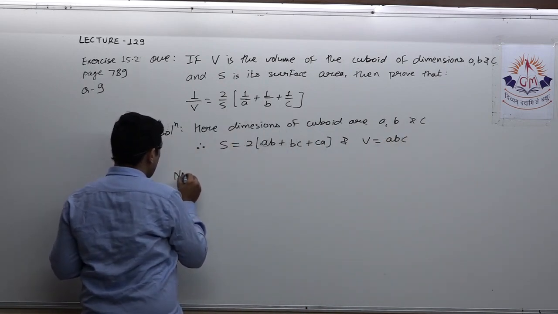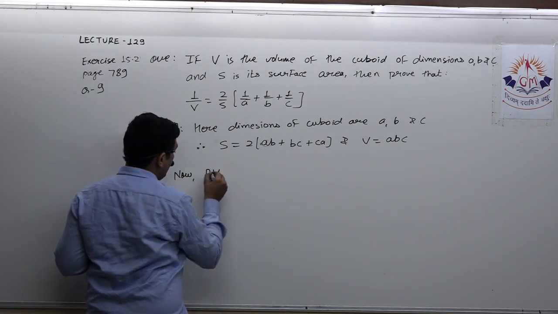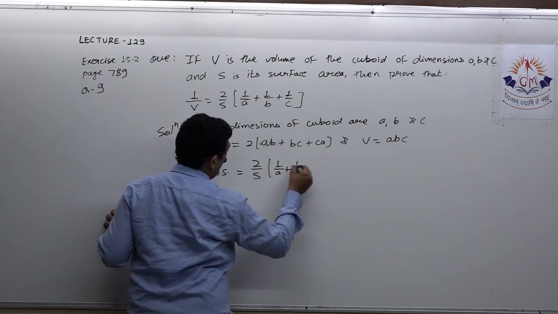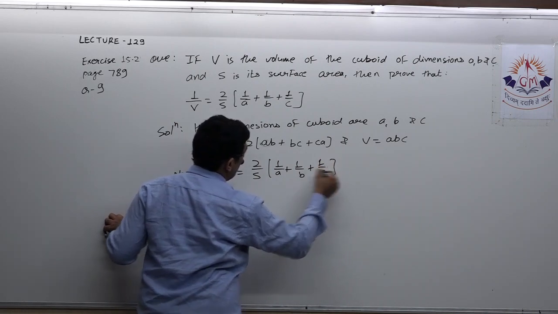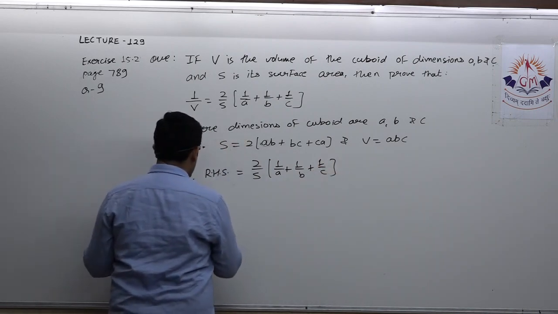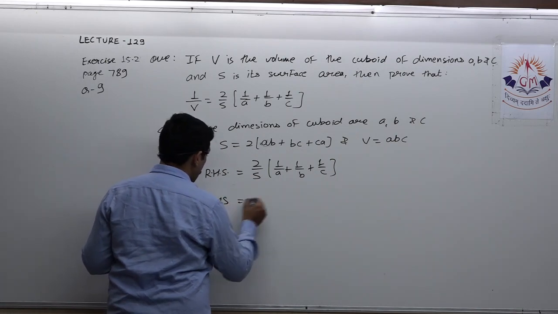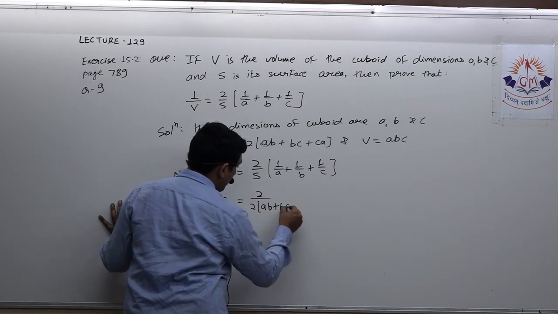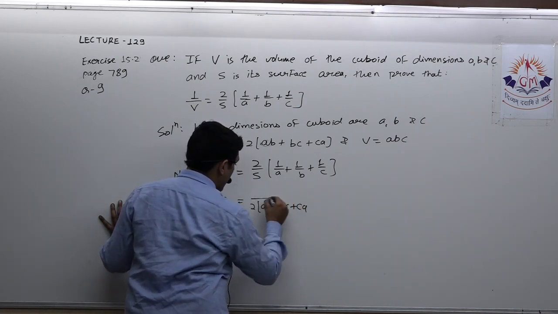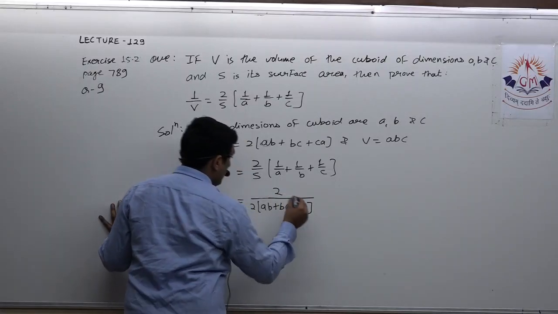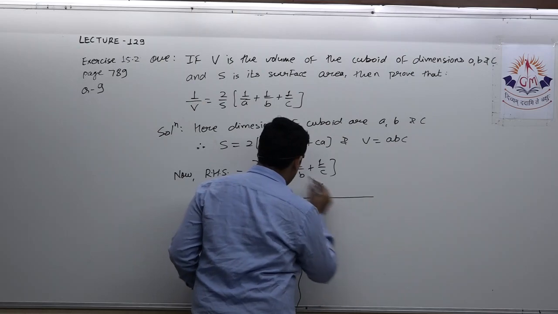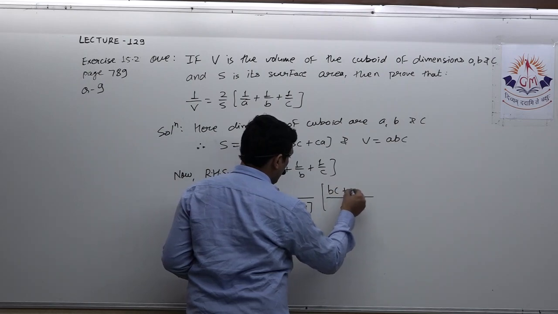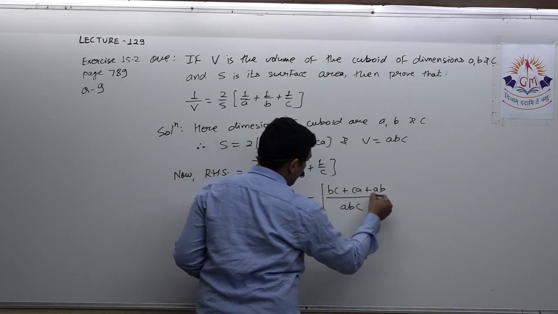Okay, now we have to prove this. So we'll start with the RHS. The right hand side is equal to 2 upon S, times 1 upon A plus 1 upon B plus 1 upon C. We'll simplify the RHS. In place of S I am writing 2 times AB plus BC plus CA. Over here I can take the LCM, that is ABC, so I can put BC plus CA plus AB.